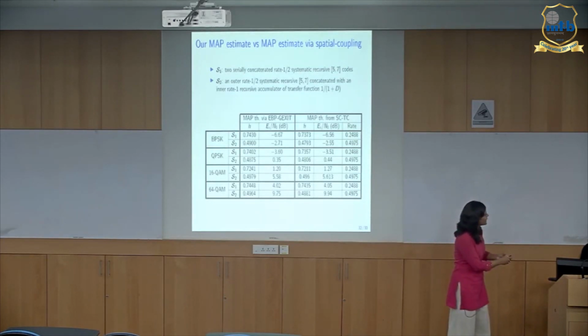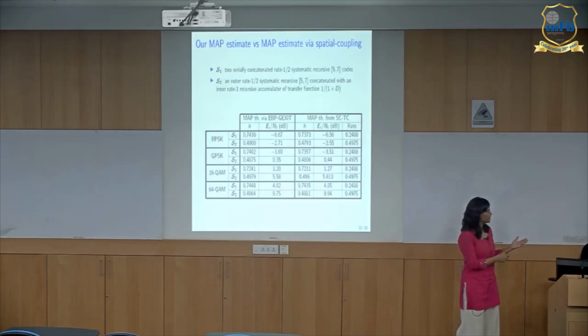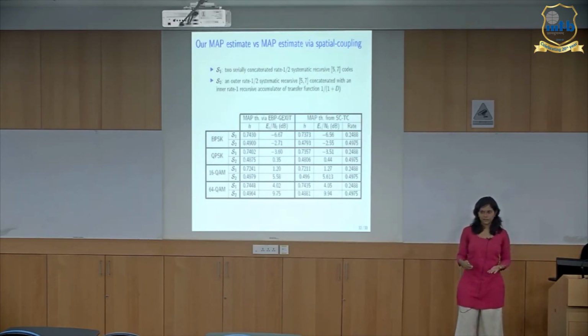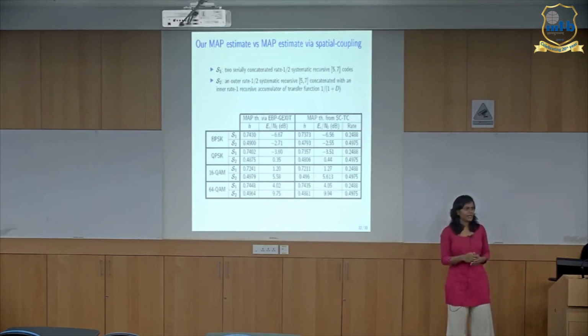We can compare these columns, and we can see that the predicted values using the EBP exit chart method are quite close to what we can obtain after the rigorous simulations. So it's safe to say that we can predict the MAP threshold with pretty good accuracy.